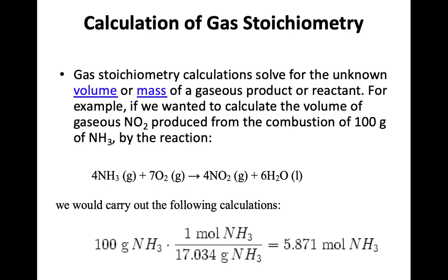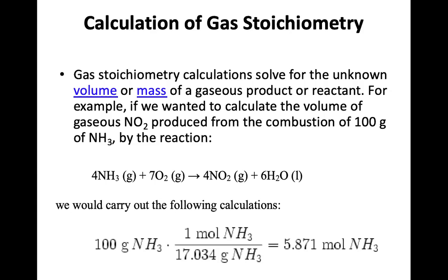For example, if you want to produce a certain amount of nitrous oxide, how much ammonia is required, or how much oxygen is required, or vice versa. So please go through the concept of stoichiometry, and you can get more details on Wikipedia as well as many other chemistry websites.